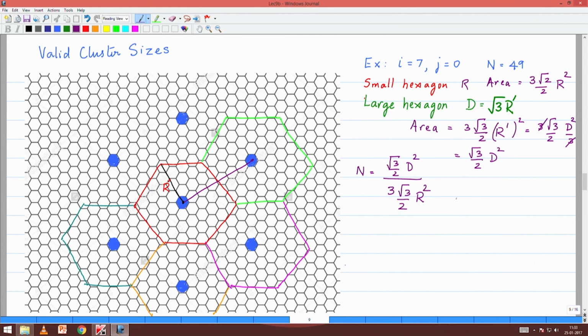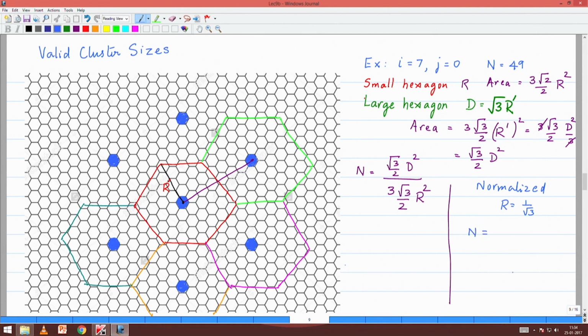Now, let me take 2 paths to it. One is going to take the path of the normalized pattern. In the normalized pattern, we said that we would assume R to be 1 by root 3, so that we can get the right shapes. So, if I substitute R by 1 by root 3, then I get the cluster size.